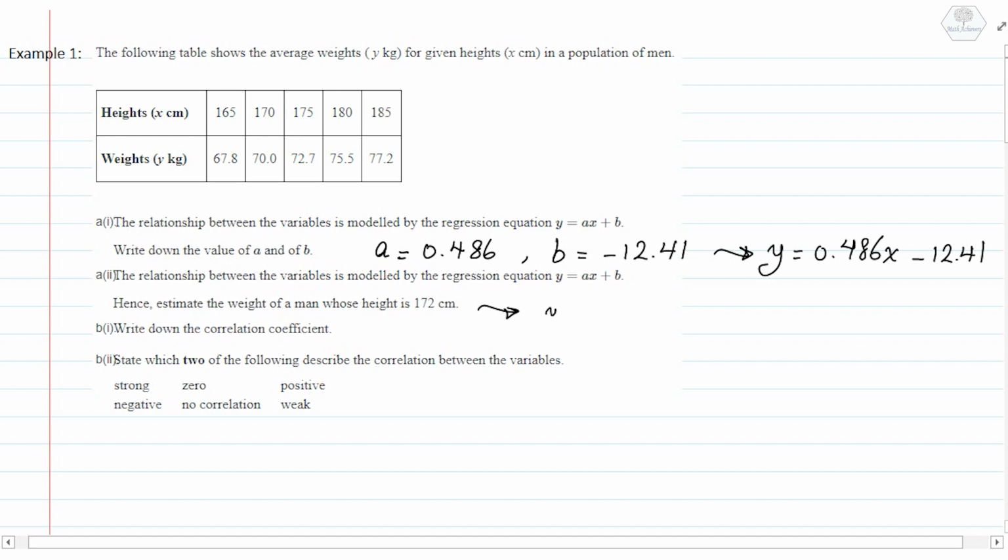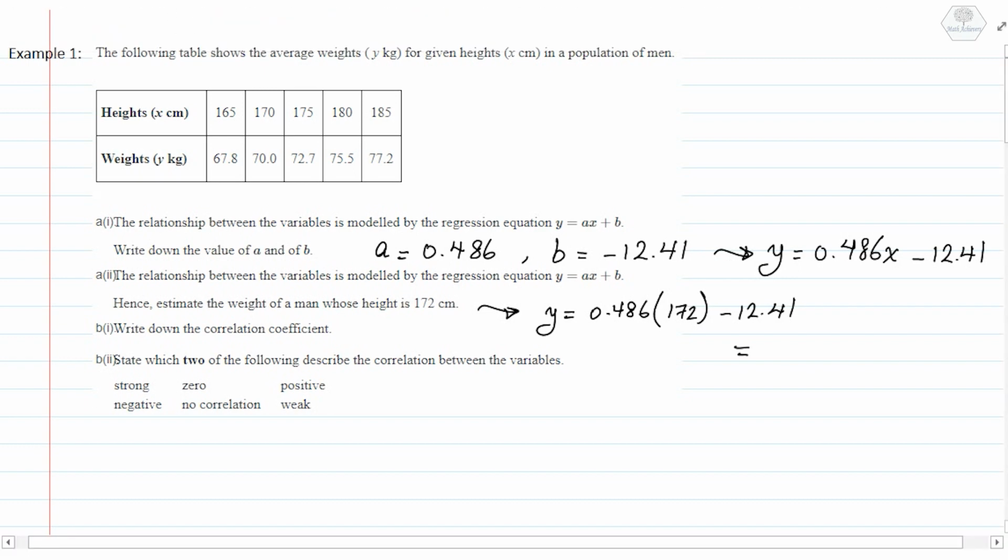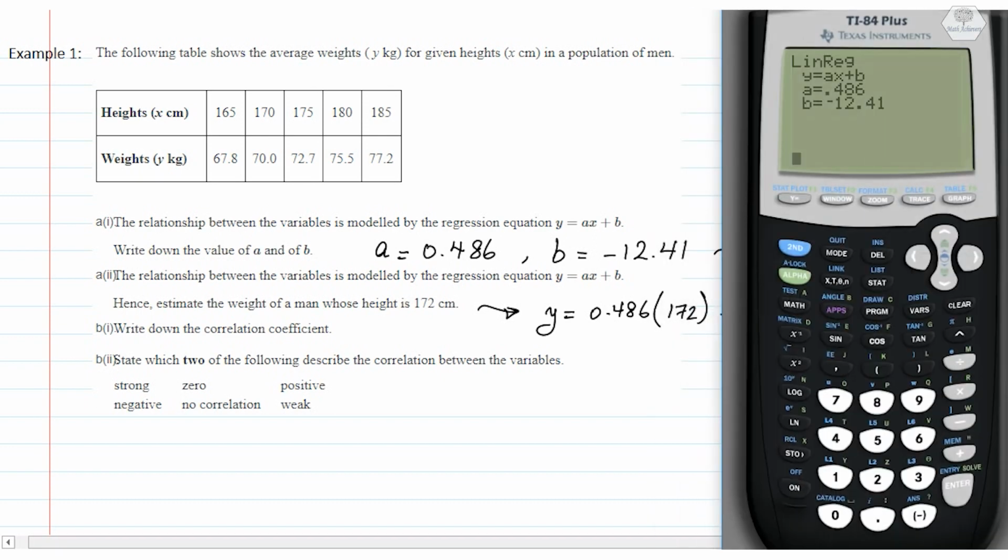So y, which is the weight, is equal to 0.486 times 172 minus 12.41, which is equal to, because I need to put it in kilograms, let's find it using our GDC: clear, 0.486, 172, 12.41.